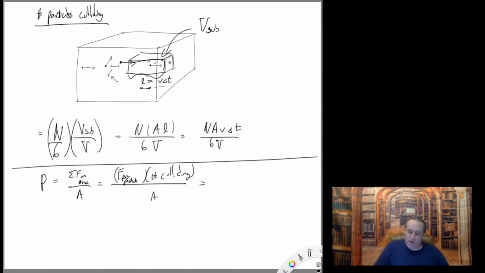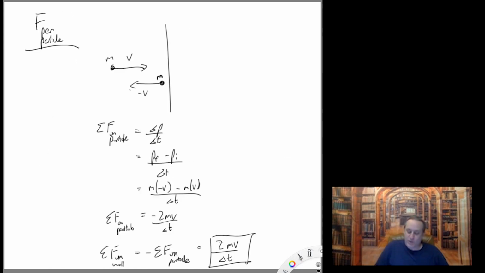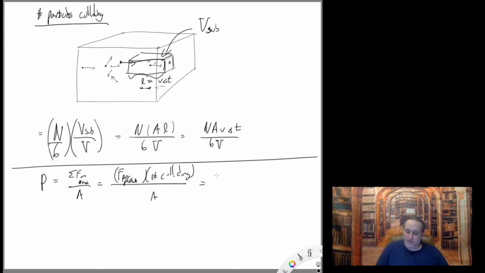And our force per particle was 2mv over delta t. And my number of particles colliding is N area little v delta t over 6 big V. And all of this is divided by the area of my little section of the wall.